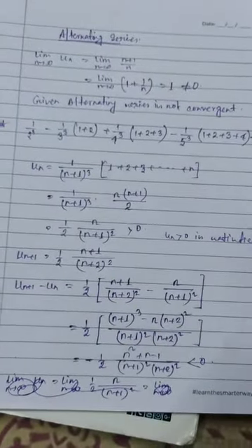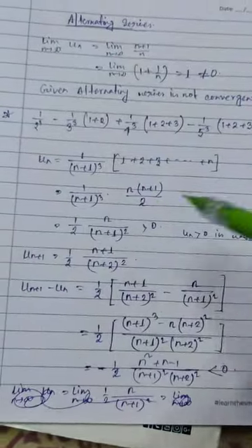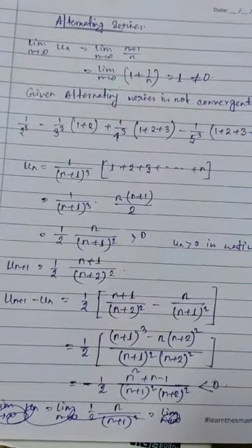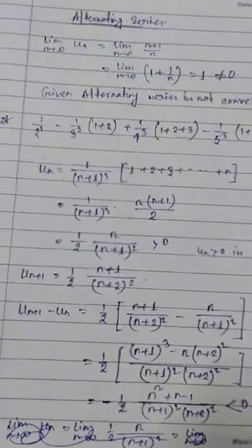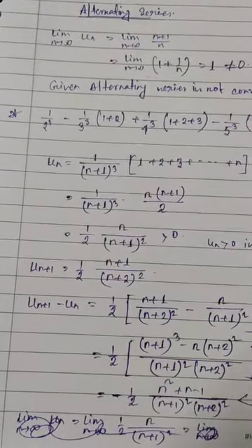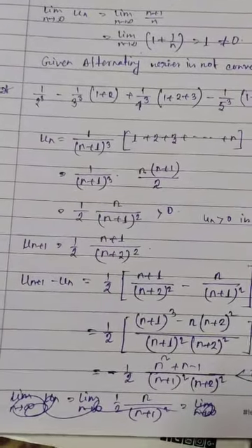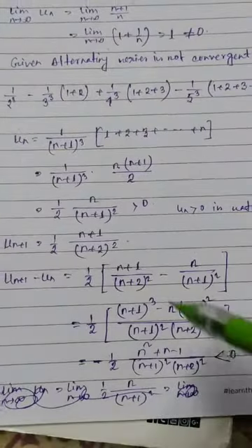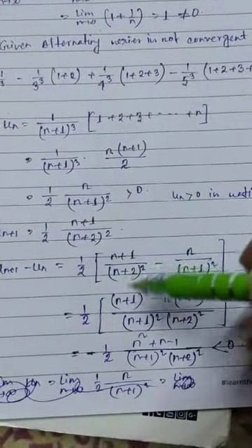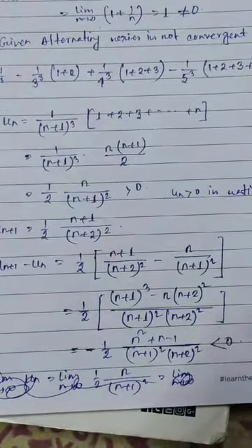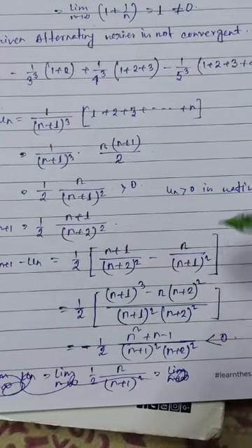So now we will check whether the sequence un is monotone decreasing or not. So here we will find un plus 1 minus un, the difference. If we simplify it, that is half common, (n plus 1) divided by (n plus 2) whole square, minus n by (n plus 1) whole square.